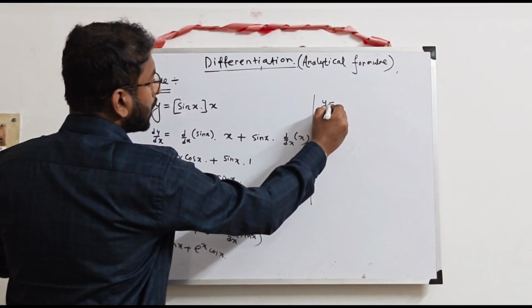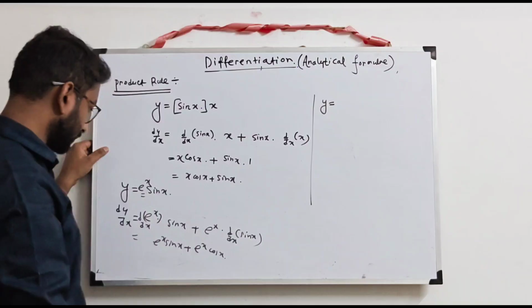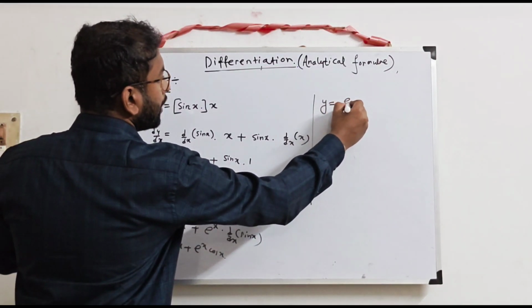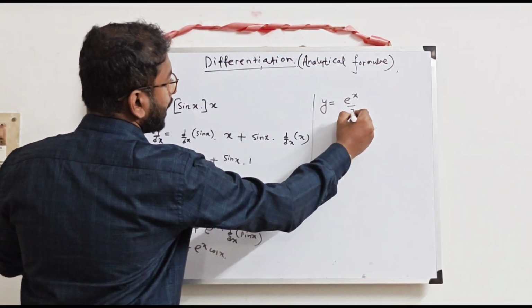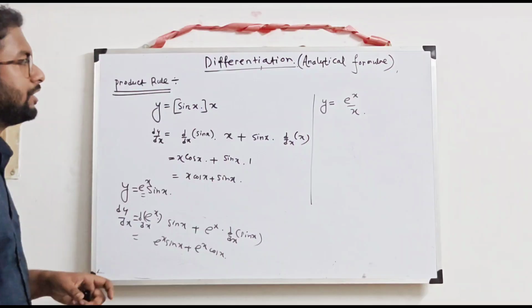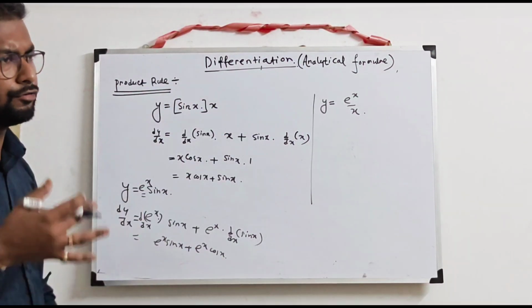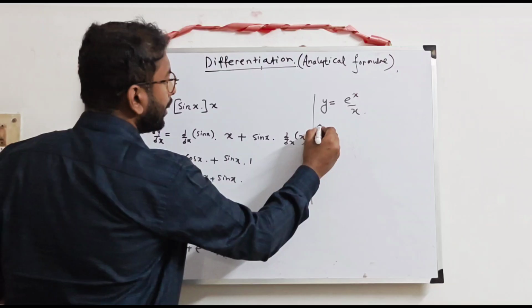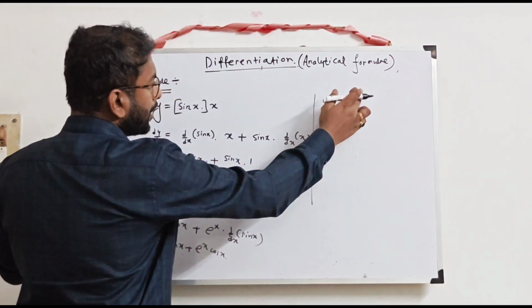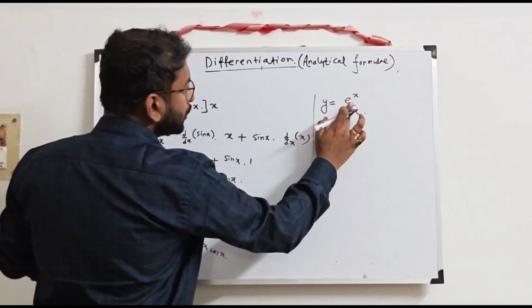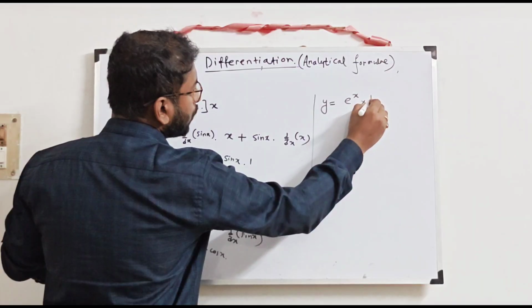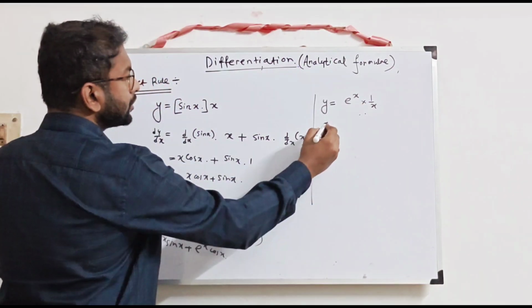Now let's take another example. Let's say y equal to e to the power x by x. So there is something called the division rule, but this rule is enough because division is also a kind of product. So dy/dx is, there are two functions, one is e to the power x, another is 1 by x. So you can rewrite this as e to the power x into 1 by x. So you got two functions of x.